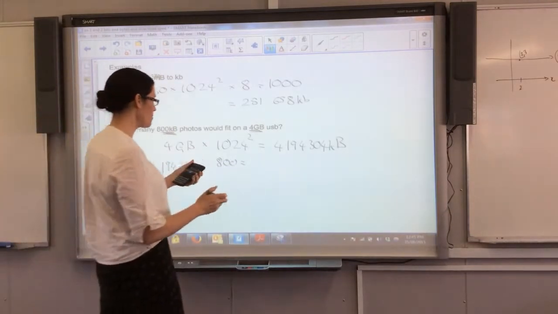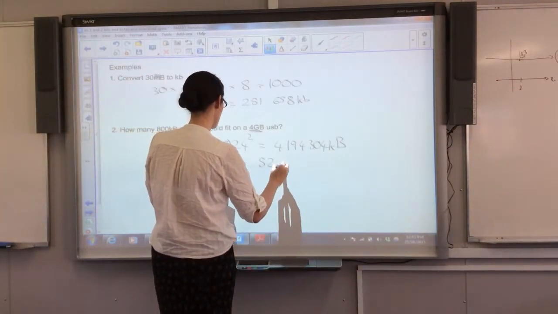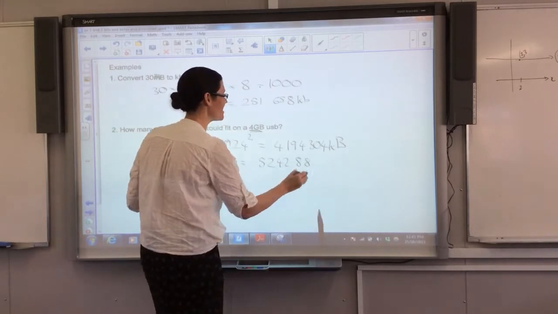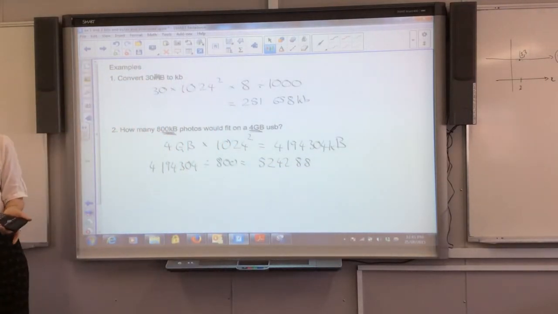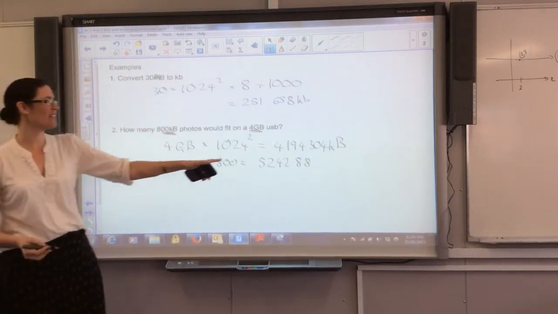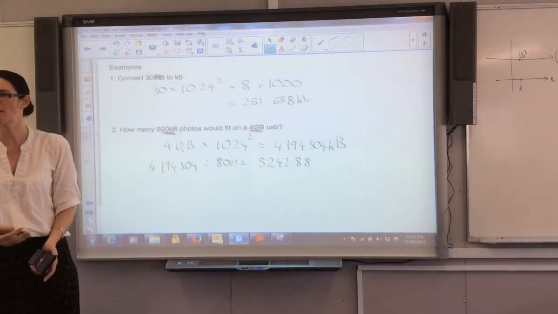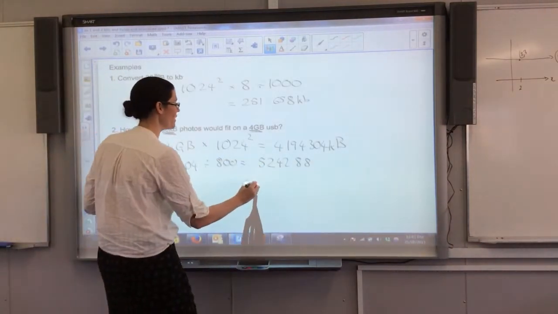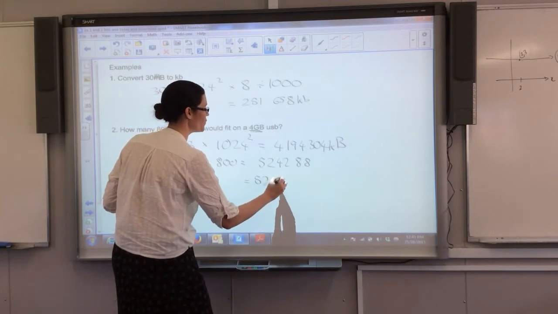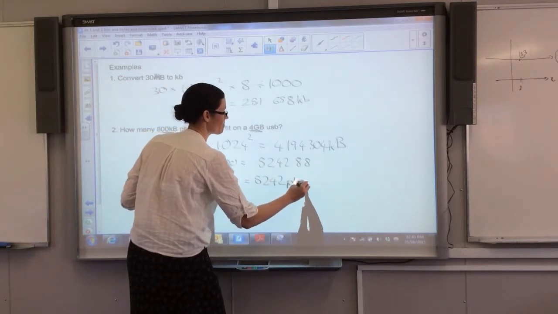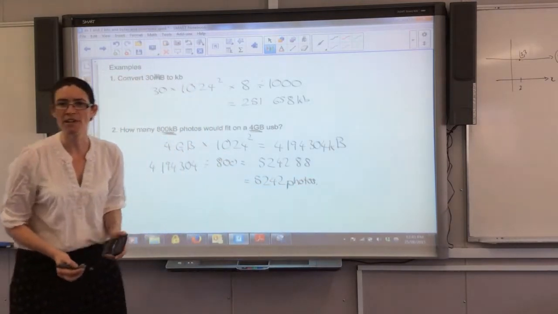So on my USB, I would fit 5,242.88 photos. Obviously, we can't really fit 0.88 of a photo, that's useless. So we would fit 5,242 photos on my USB stick.